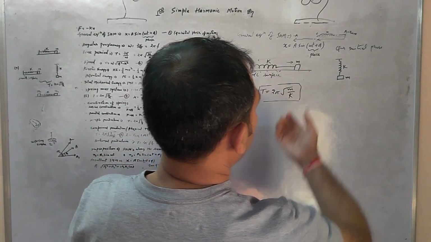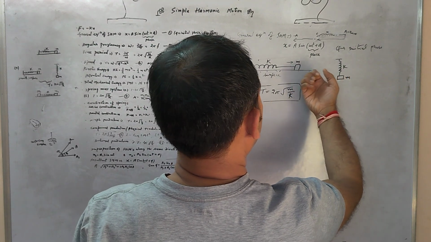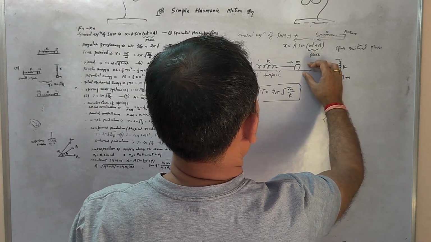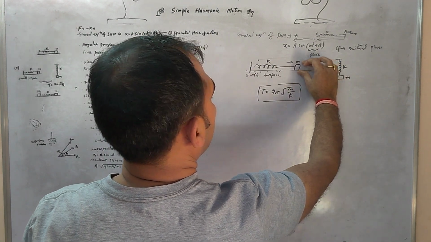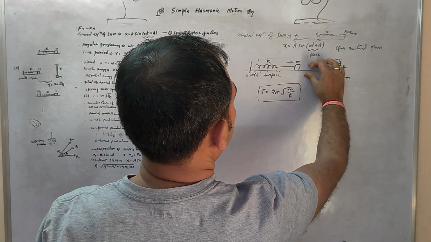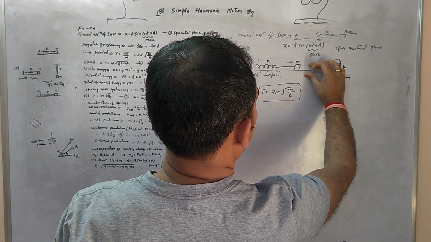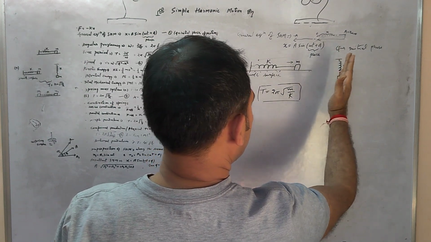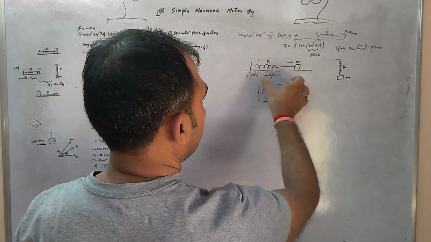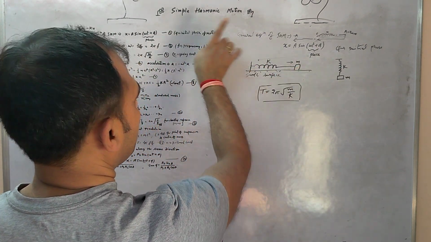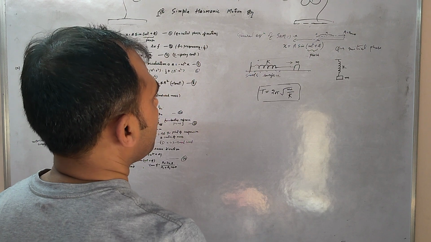If we pull this spring from here and leave the mass, then again the restoring force will act, and that will be equal to kx. Again, that is the case for simple harmonic motion.